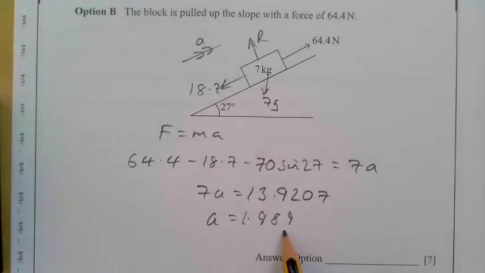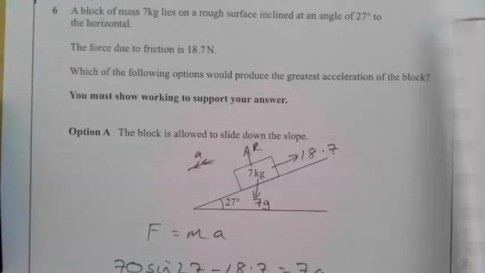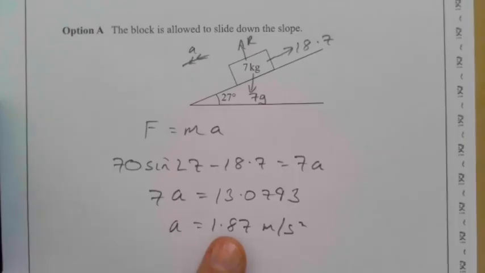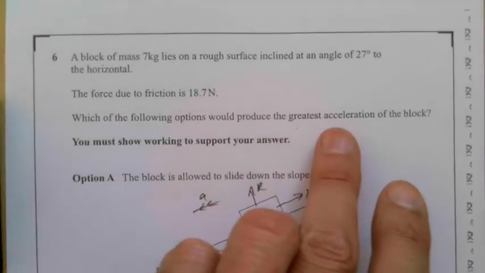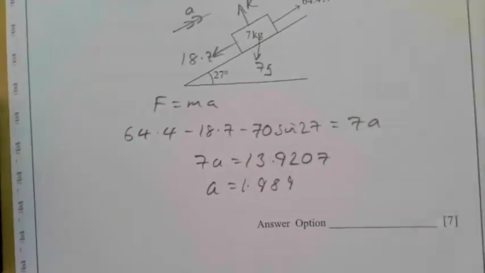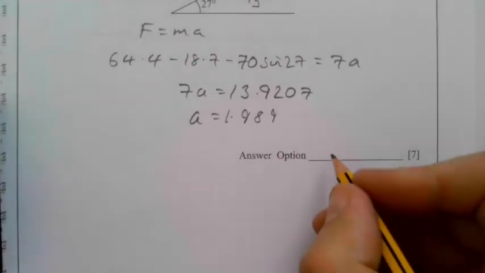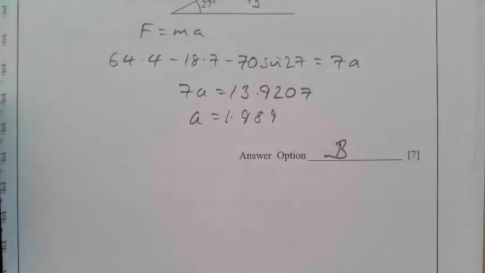So the acceleration for this one is 1.989. The acceleration for the other one is 1.87. So which of the following options produces the greatest acceleration? It's going to be option B. So option B, and that's us done.